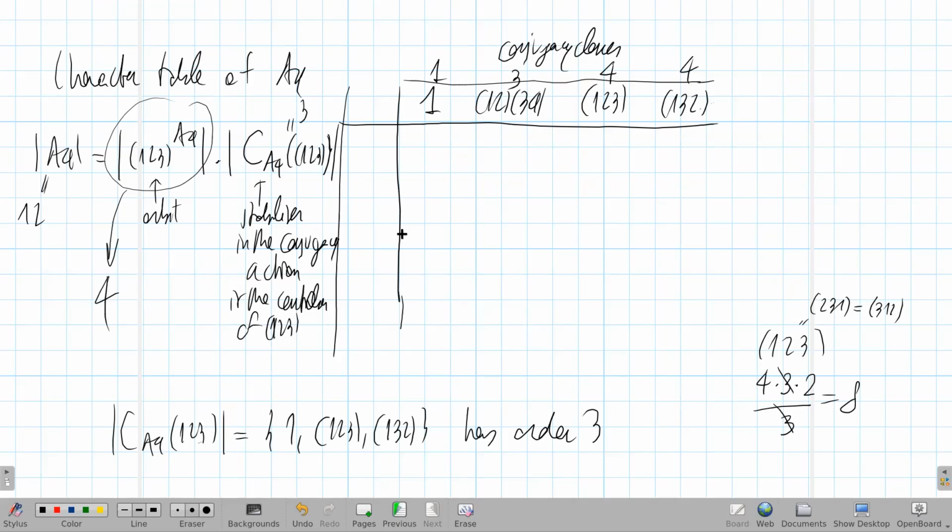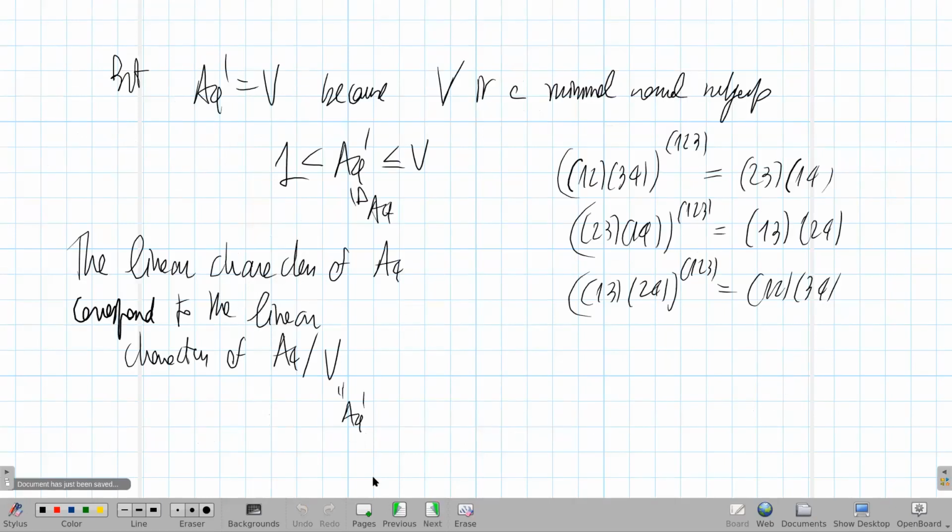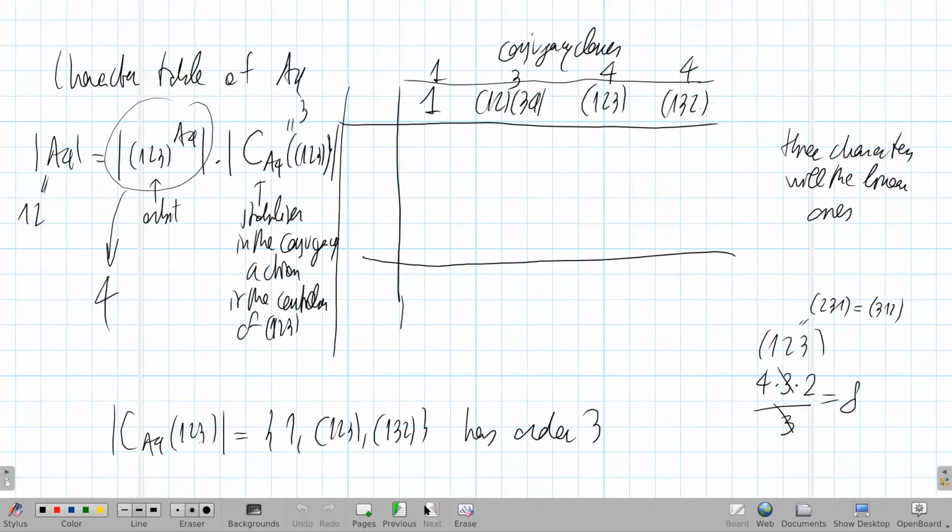And we know that 3 characters will be the linear ones. Why? Because these are the characters of A4 over V, which has order 3, okay? So there are 3 linear characters. Linear means that the value on 1 is 1.